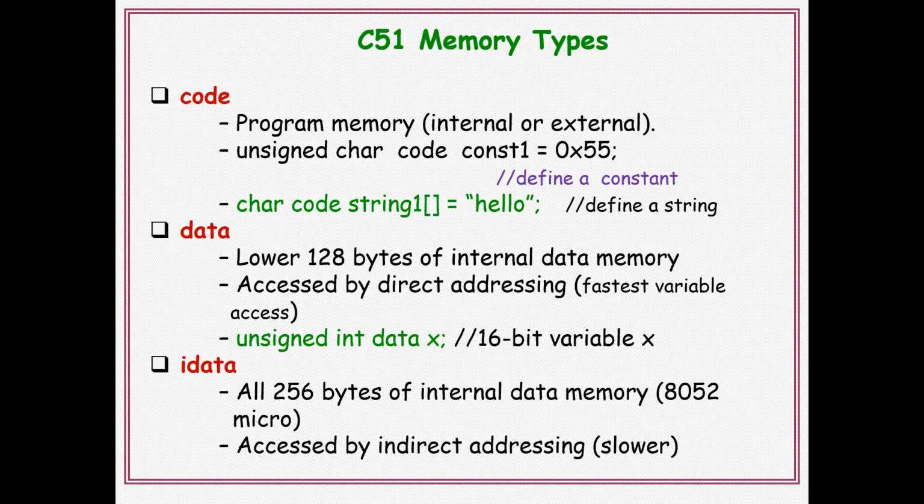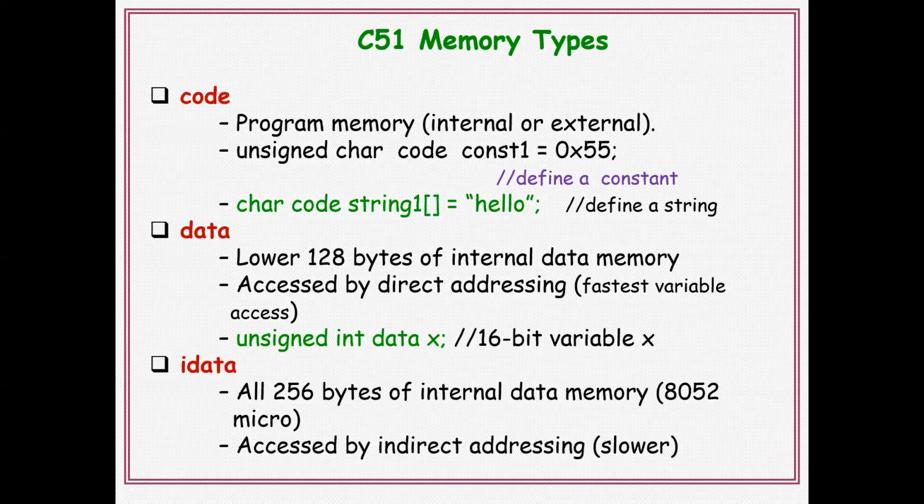And next one is data. How to declare data variables? The lower 128 bytes of internal data memory are accessed by direct addressing mode. For example, a variable can be declared as unsigned int, memory type data, and variable x.